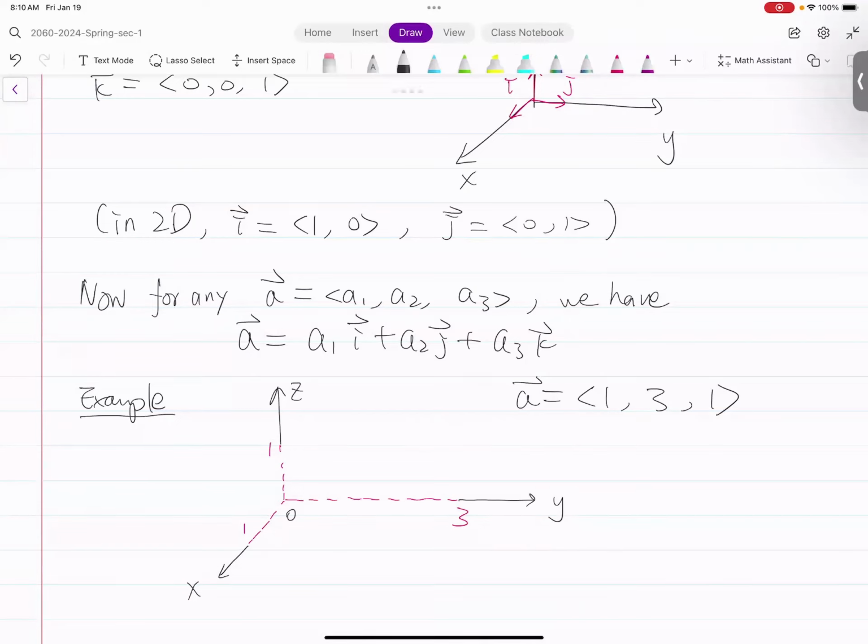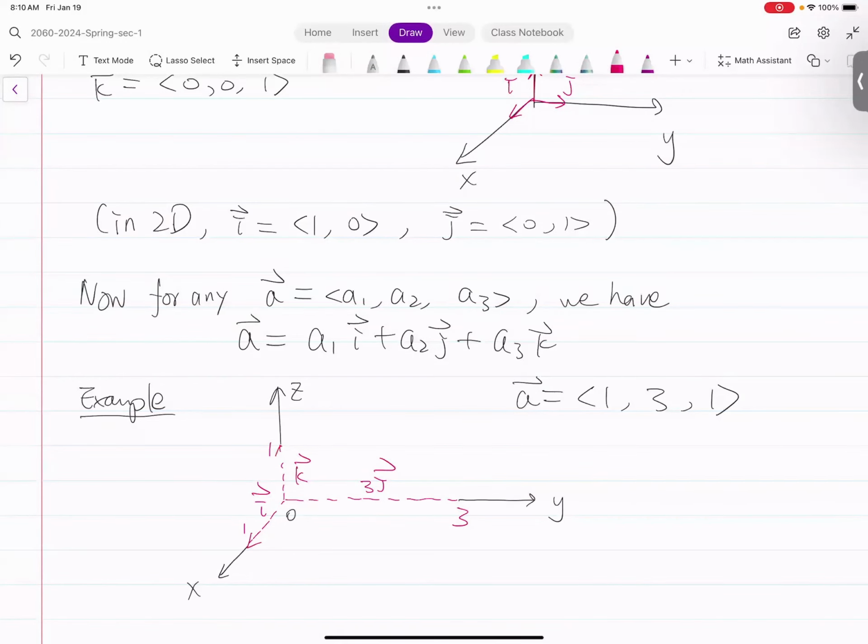But to establish i plus 3j, this is i, this is 3j, and this is 1k, it's just k, pointing upwards.